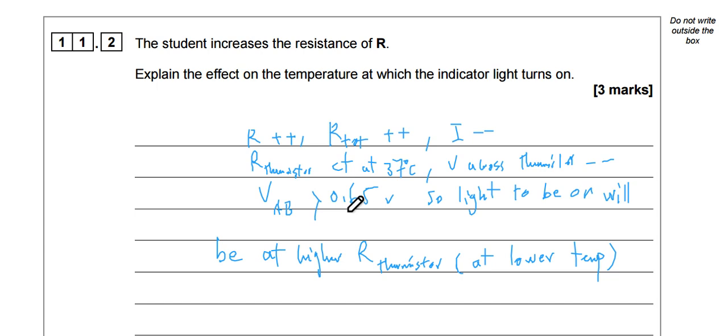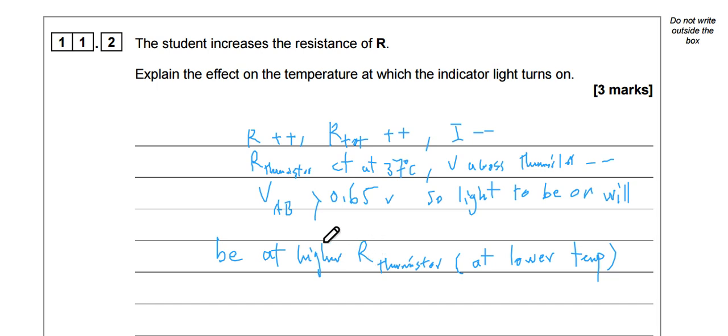So if, by increasing the resistance of the variable resistor R, we have VAB greater than 0.65, to bring it back to the threshold voltage we should increase the resistance of the thermistor. Hence, the potential across the thermistor will be higher and the potential across VAB will return back to 0.65.